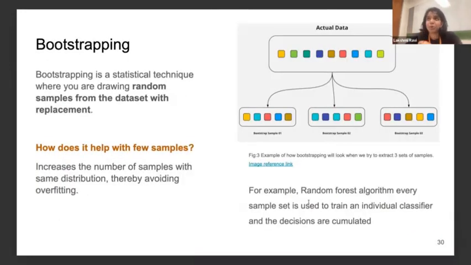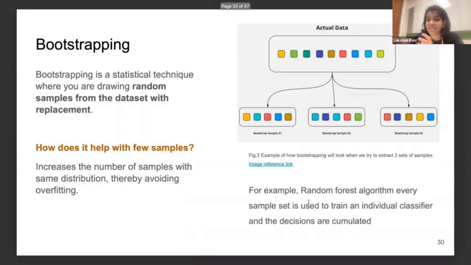And the next thing is bootstrapping. Bootstrapping is a statistical technique where you randomly draw samples with replacement. Even though you have a small set of samples, it generalizes very well. It doesn't go with a higher variance. It generalizes the distribution of the sample really well.